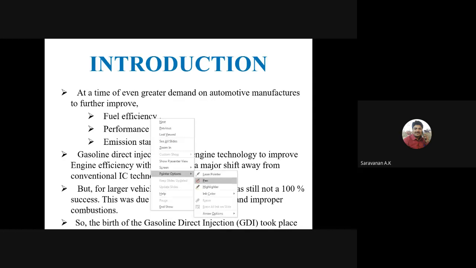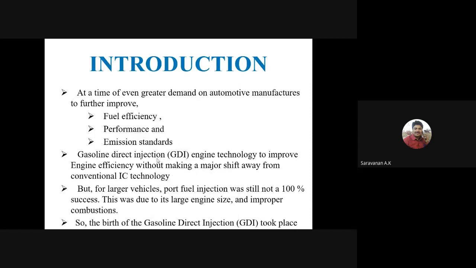Conventional IC engines require more fuel to get extreme power, but through some advanced technologies we modify them, because we have to improve the fuel efficiency.